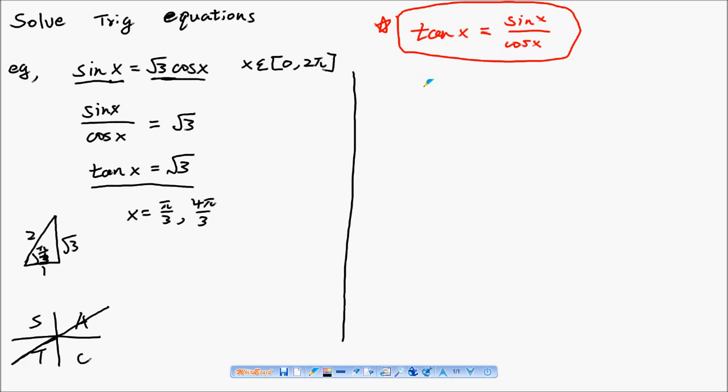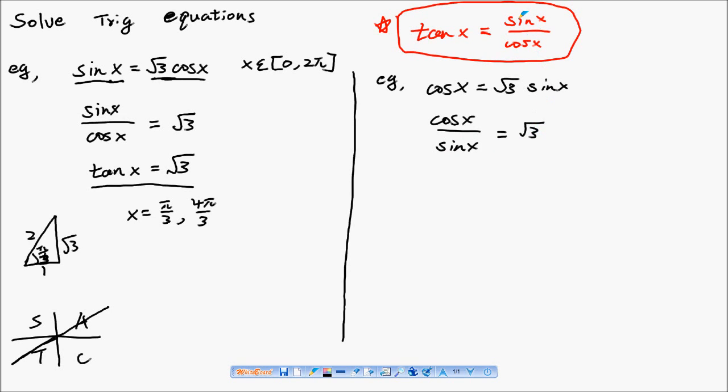Similarly, if the question is like that, let's do it the other way. If we have cosine x equals square root of 3 sine x, and we group it into the left hand side, I have cosine x divided by sine x equals square root of 3.